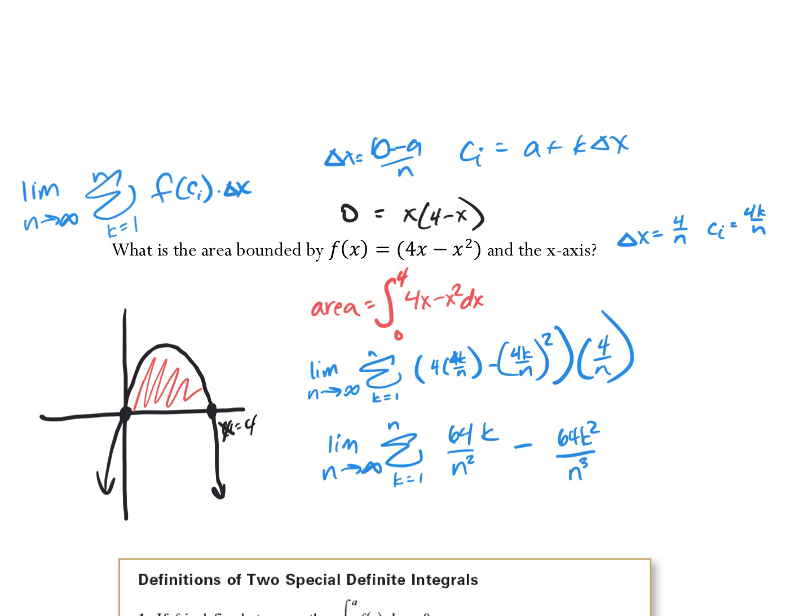This one is 4 times 4 and distribute this 4. This is 4 squared times this 4. That's where both 64s come from. n and n is n squared. This n is being squared, and then this n is n cubed. Everybody good?